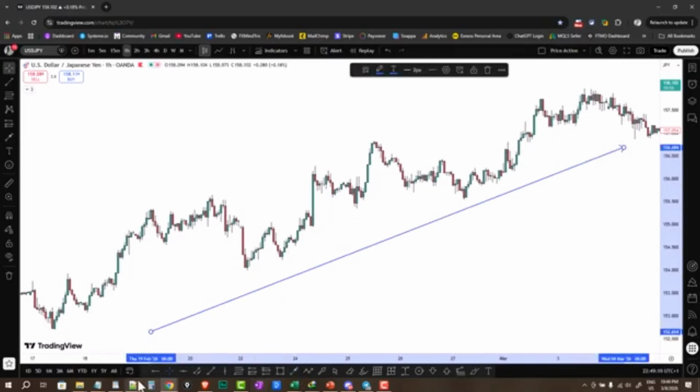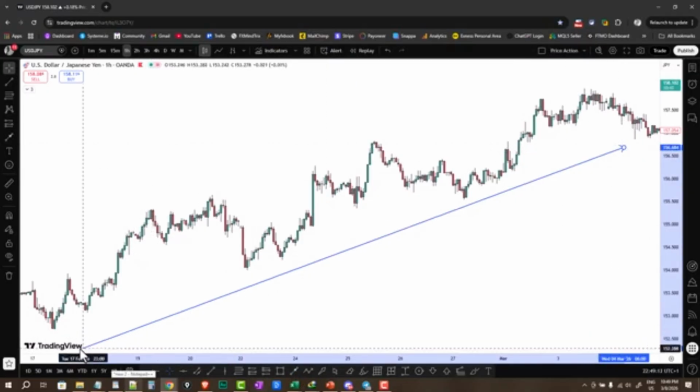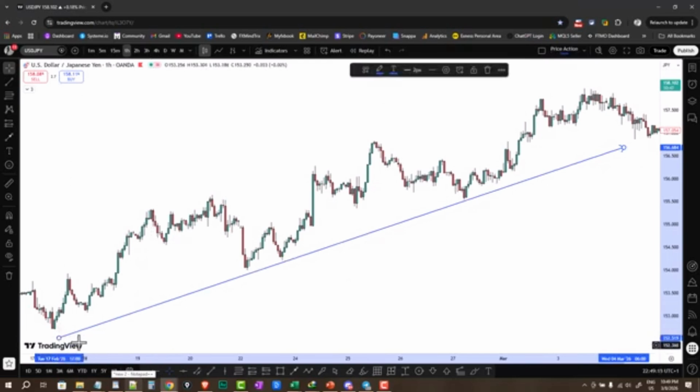You could see from all the way back here, around Tuesday, the 7th of February, to now, the 26th of March, that this instrument has been trending to the upside. It's been moving up because the price went from all the way down here, at around the 152.70 price level, to all the way up here at about 157.90, or let's just say the 158 price level, even though now we have a little bit of a pullback here.